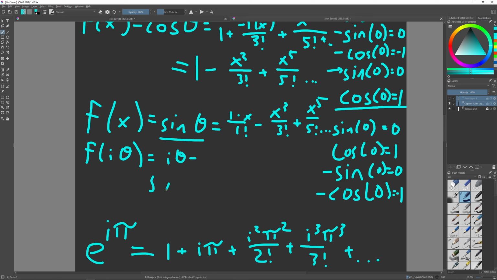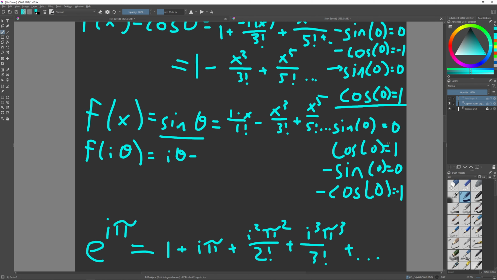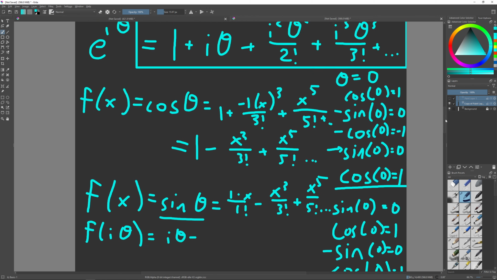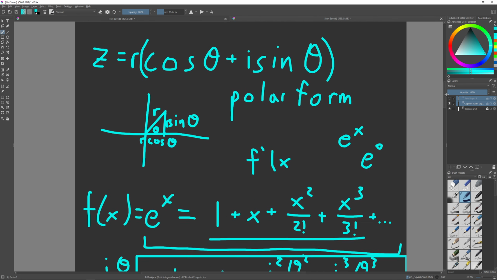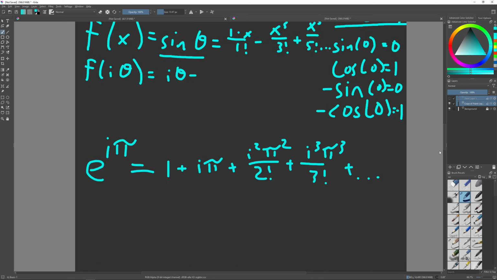We're going to get hyperbolic. We're going to get something totally different. That's not it. Well, okay, let's use this as inspiration, and we'll just figure out what cosine of theta plus I sine theta is.